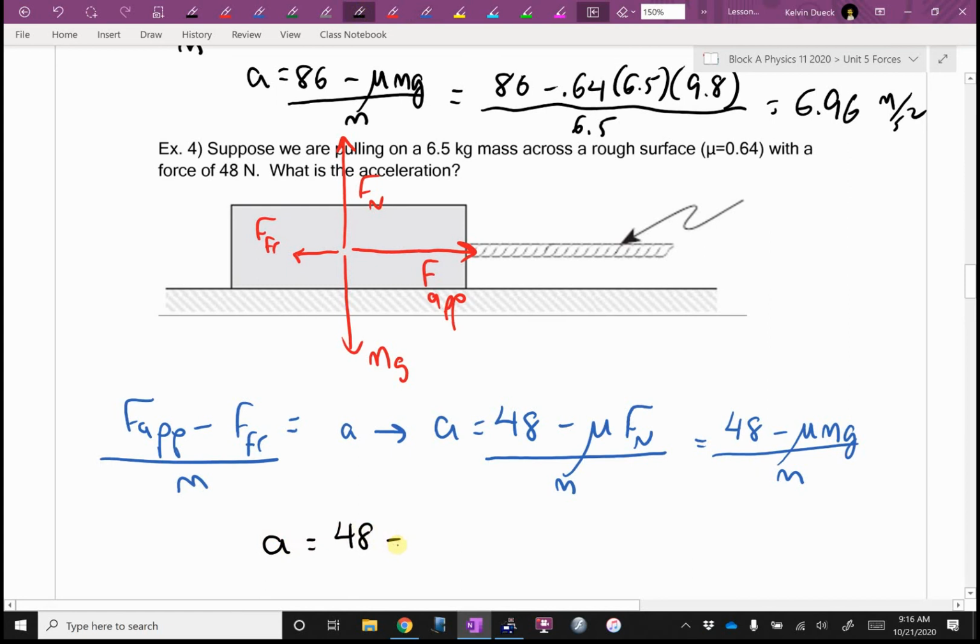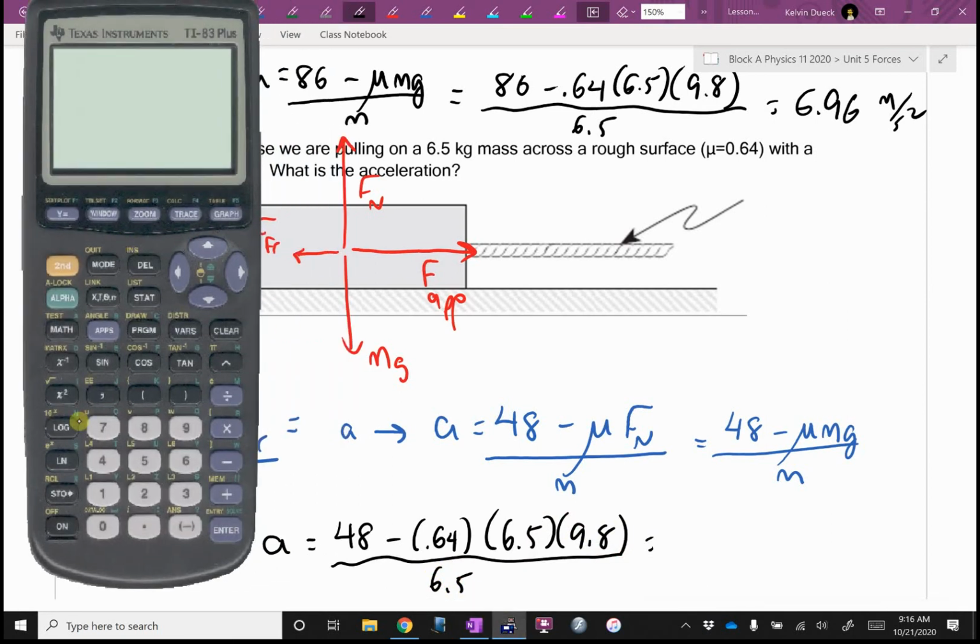48 minus 0.64 times 6.5 times 9.8. Is this a fraction? Is there more than one thing on the top?